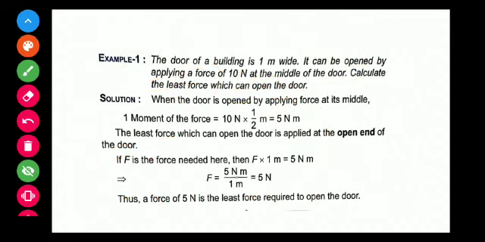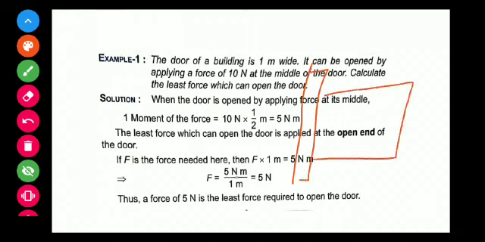Now there is a very important point. This is your door. When we apply a force at the center, the force required is 10 Newton to produce the turn. When we apply a force at the end, the required force is 5 Newton.